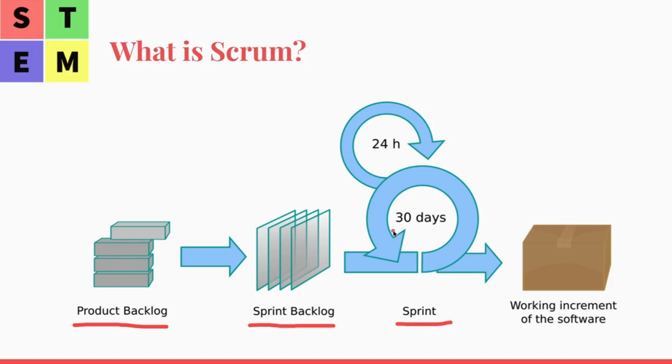The sprint could be a maximum of 30 days, and usually 2 weeks. After the sprint, a working increment of the software is produced. And then the next sprint, the next sprint, the next sprint. So that is a simplified diagram of Scrum.